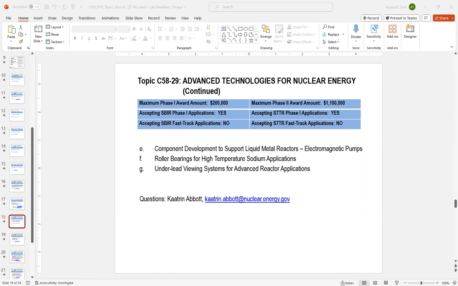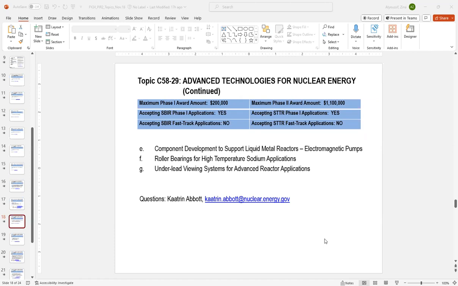The third topic area, under-lead viewing systems for advanced reactor applications, specifically comes down to one of the important maintenance items for advanced liquid metal reactors, which use various liquid metal coolants like sodium, a sodium potassium alloy, or lead.